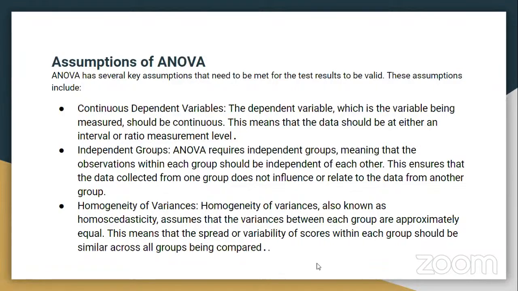This ensures that the data collected from one group does not influence or relate to the data from another group. Homogeneity of variance, also known as homoscedasticity, assumes that the variance between each group is approximately equal. This means that the spread or variability of scores within each group should be similar across all groups being compared.